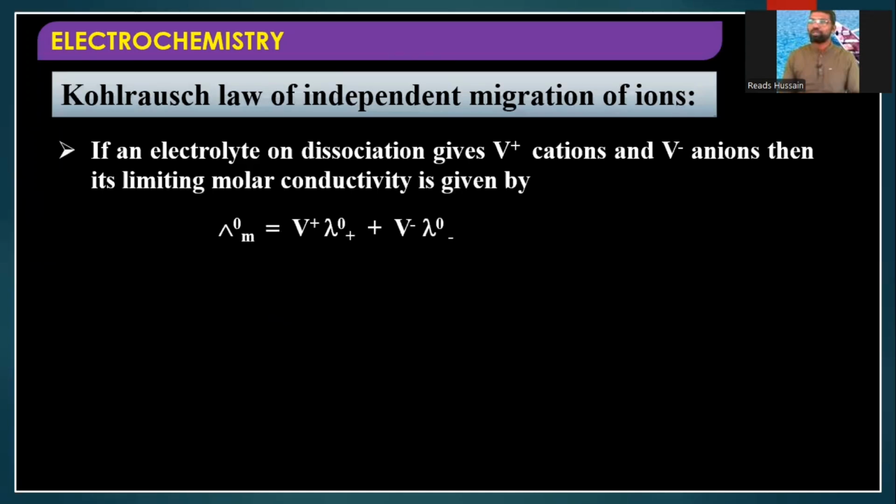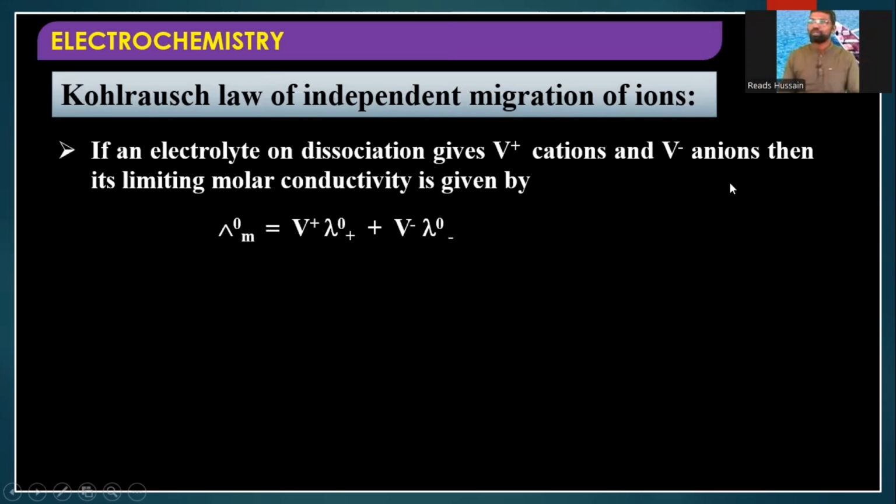Next, if an electrolyte on dissociation gives V plus cations and V minus anions, that means some number of cations and some number of anions, then the same formula changes like this. Don't worry, I will make you understand.